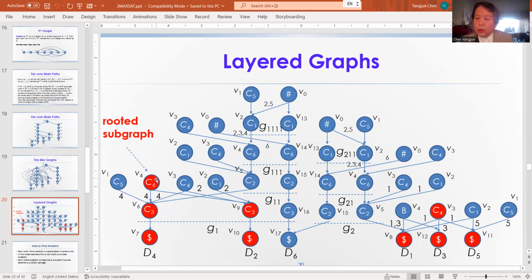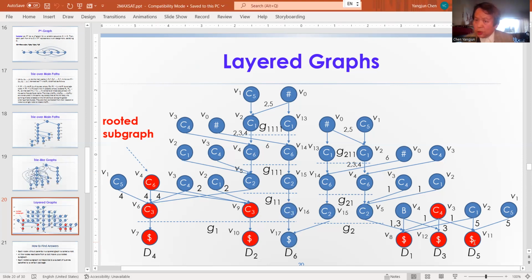Then we call each of such nodes a root, and each root identifies a subgraph which contains all those nodes that are reachable from the corresponding root. For example, these 5 nodes make up a rooted subgraph, and then these 4 nodes make another rooted subgraph.